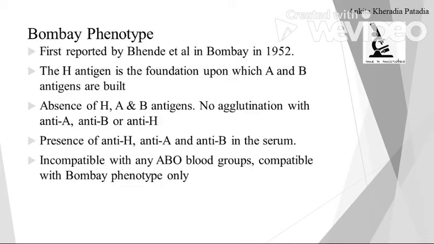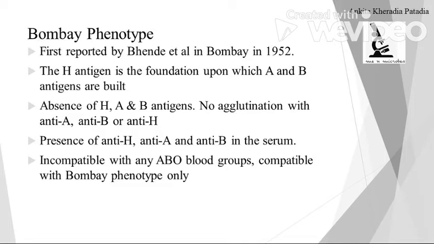Third is the Bombay phenotype, that is important. First reported by Bhende et al. in Bombay in 1952. The H antigen is the foundation upon which A and B antigens are built. So absence of H, A and B antigen, no agglutination with anti-A, anti-B and anti-H antibodies, means no antigen is present, not a single antigen is present.